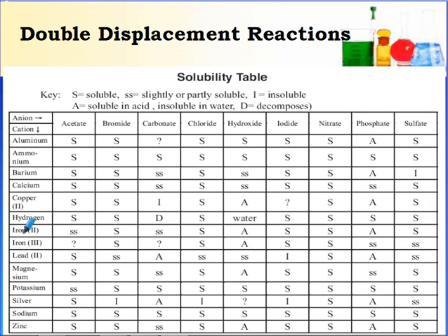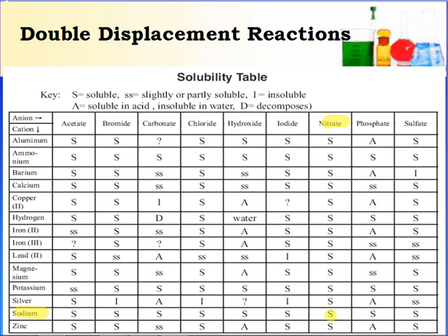Notice on the left-hand side, these are your cations. So here's sodium. And on the top, these are your anions. I'm going to find nitrate. Great. Then I'm going to come down the row to where they meet. Oh, that means that it's soluble. So that's not going to form anything, sodium nitrate.